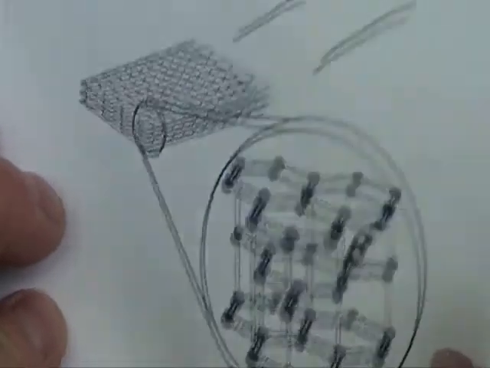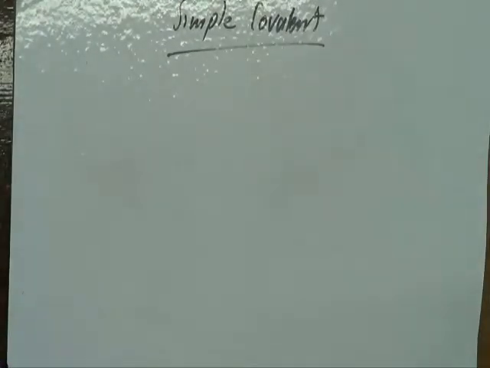Now we're going to look then at the second type of structure within covalence, which is this structure which we call simple covalent. Now, if you think of what you did with your dot cross diagrams, guys, those substances were all pretty much simple covalent.